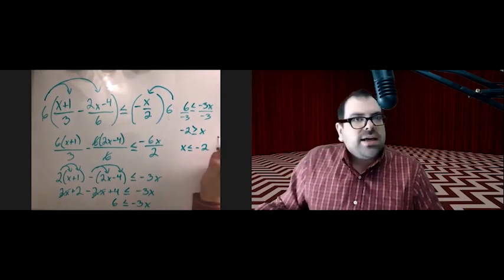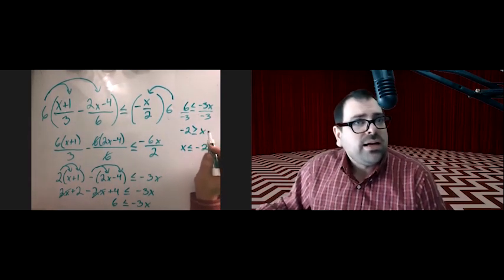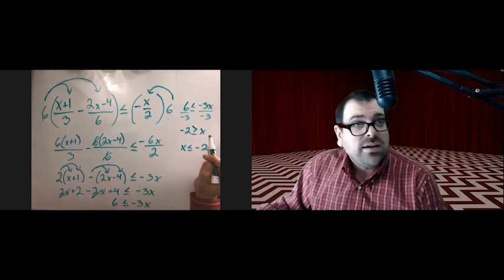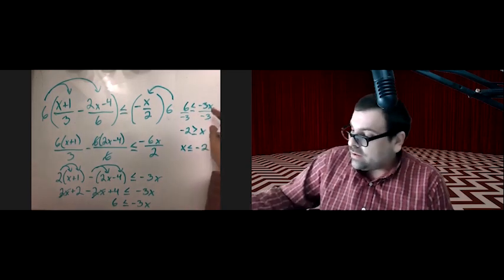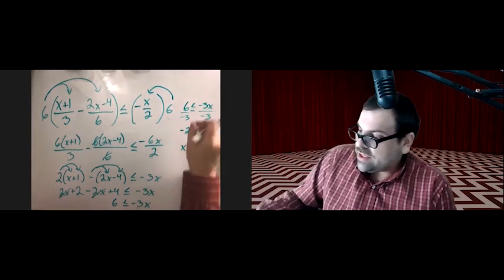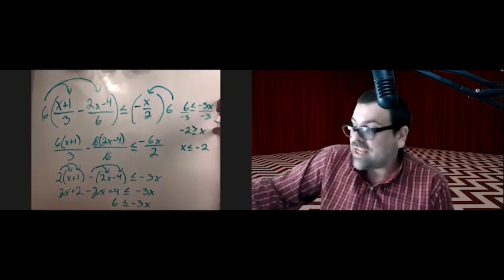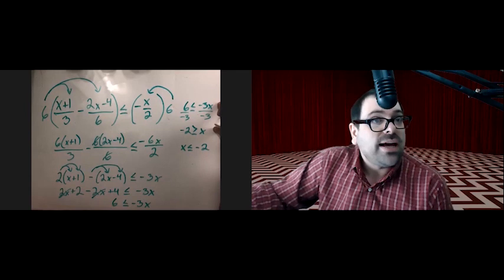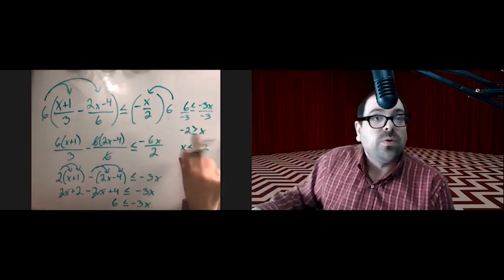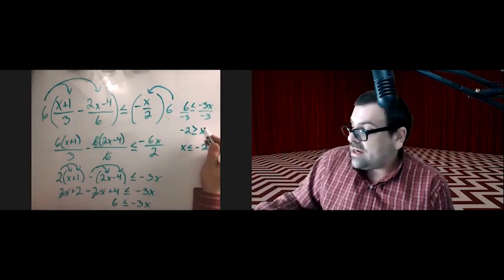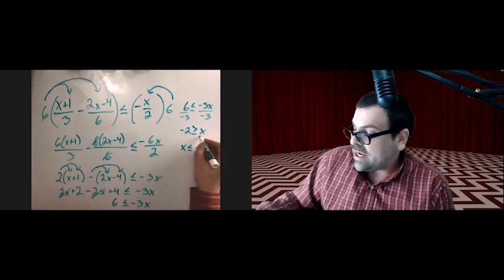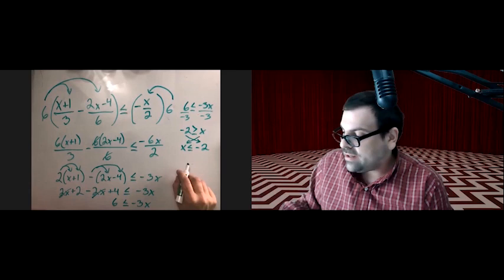So right now, don't ask, why did it flip back? It didn't flip back. Here, we switched it, but the left side stayed the left side and the right side stayed the right side. Here, we're switching the whole thing. The left side comes from the right side. The right side comes from the left side.